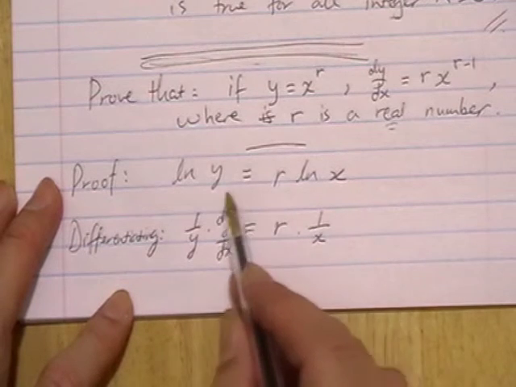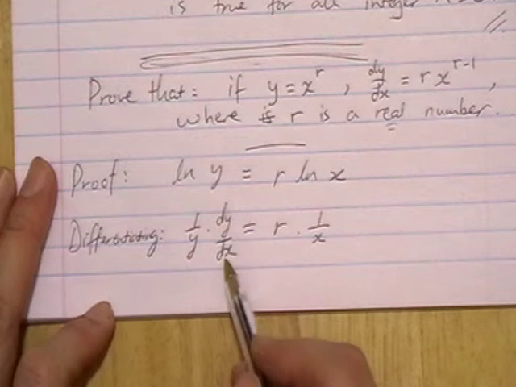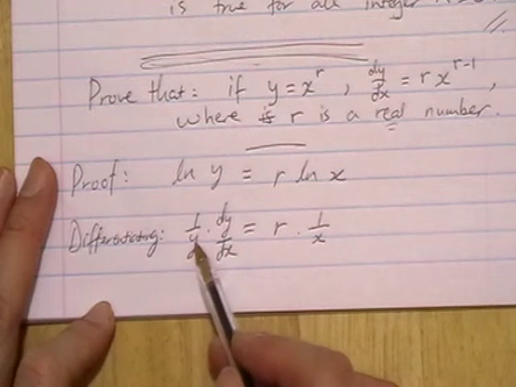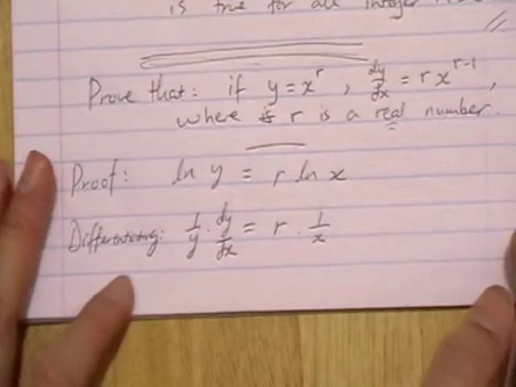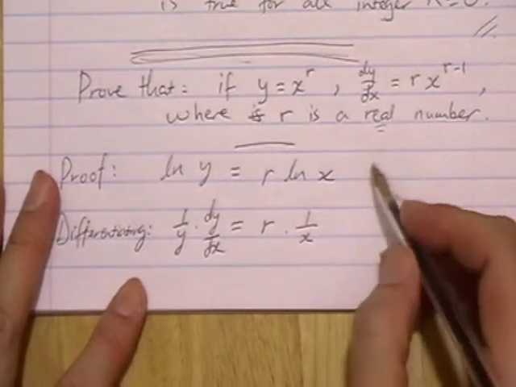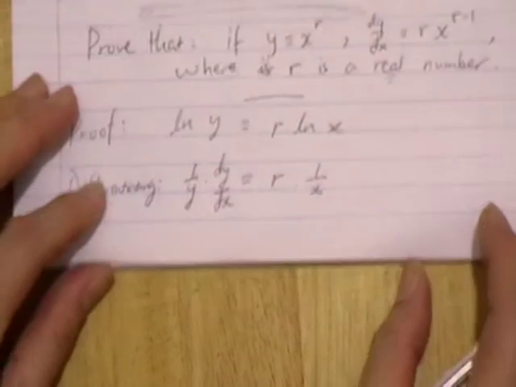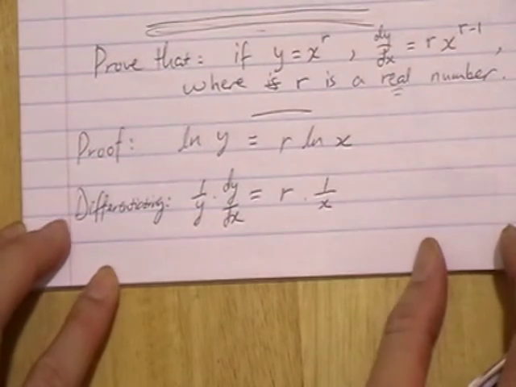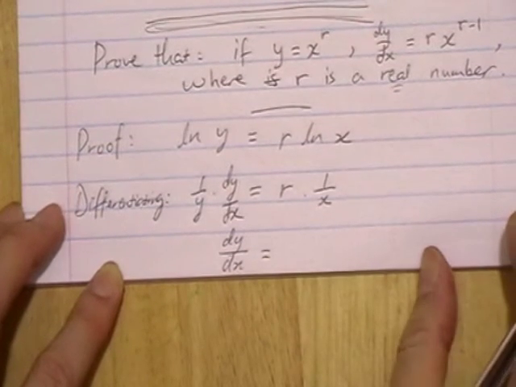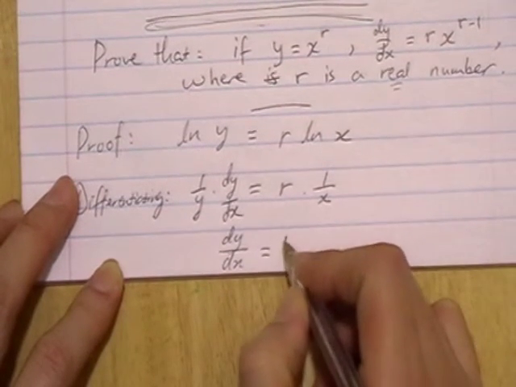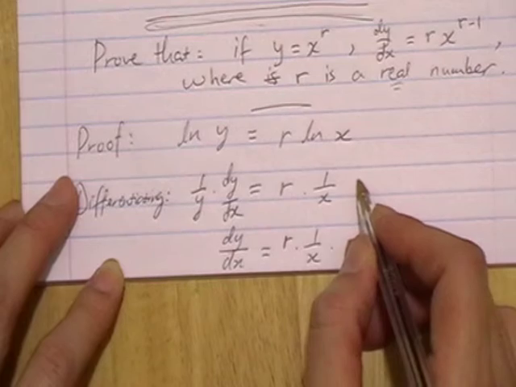Now once we arrive here, we more or less have the answer. We can find dy dx just by rearranging, just by moving y to the other side and then substituting the expression for y. So in fact, I can just write it out here, the final step. dy dx is equal to r times 1 over x times y, which I move over here.